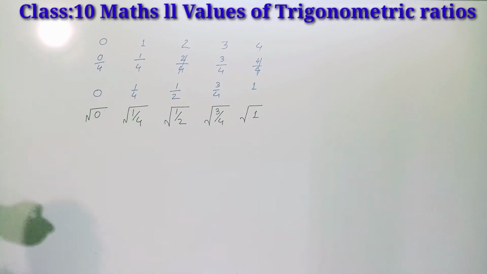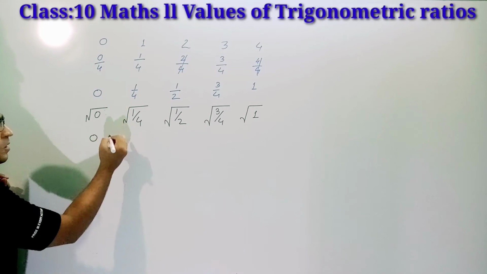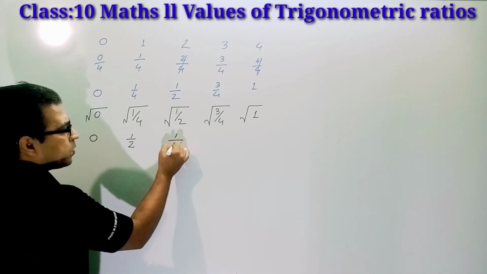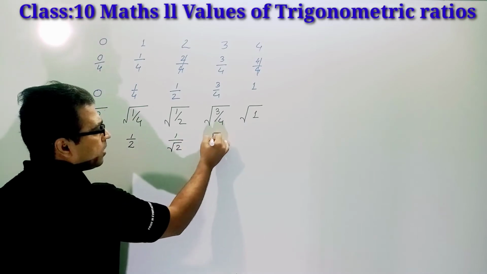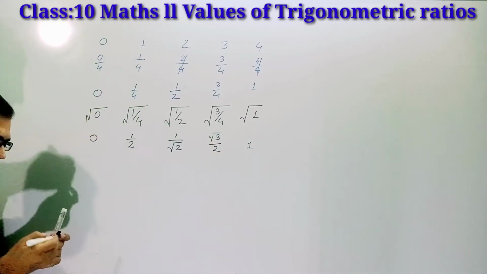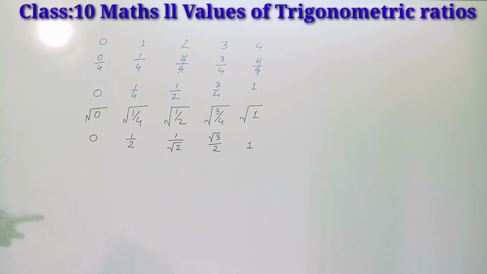Just simplify these things. So finally you are getting what? 0. This is 1 by 2. This will become 1 by root 2. Here will be root 3 by 2 and 1. Right students? So from this basis we will prepare the table over here.